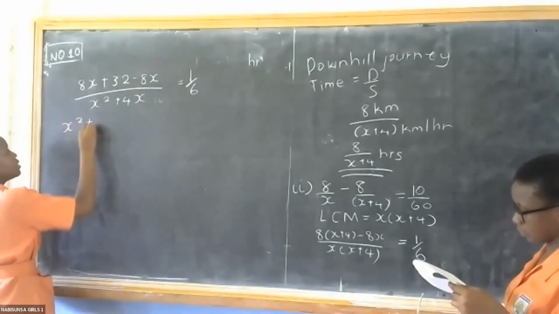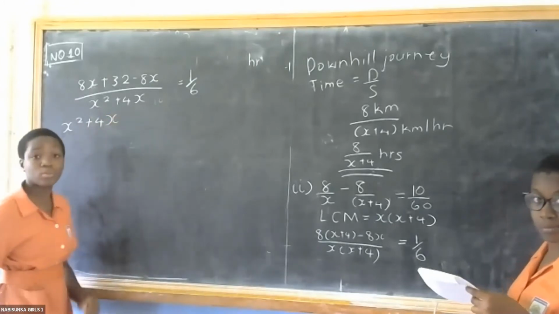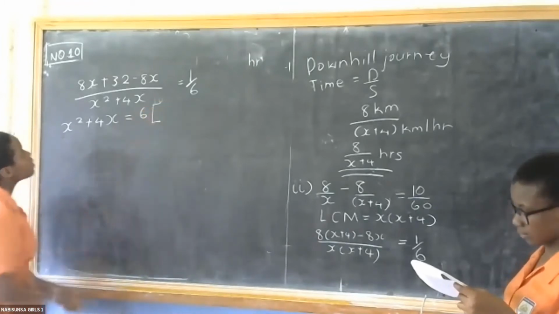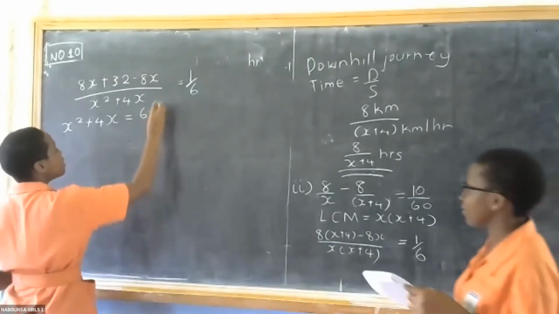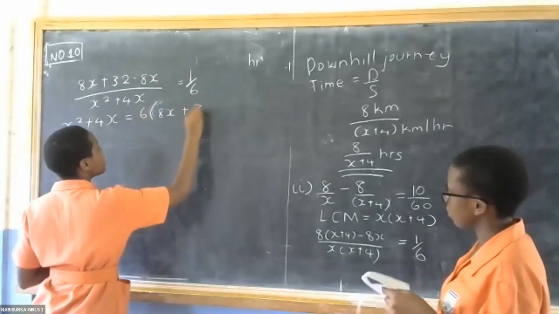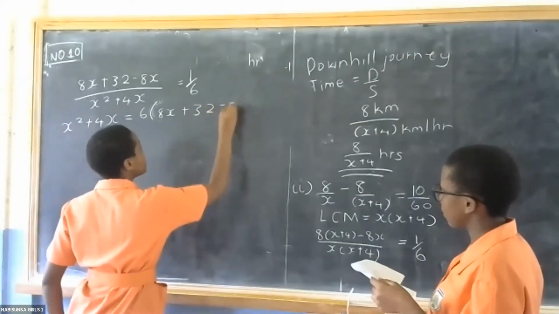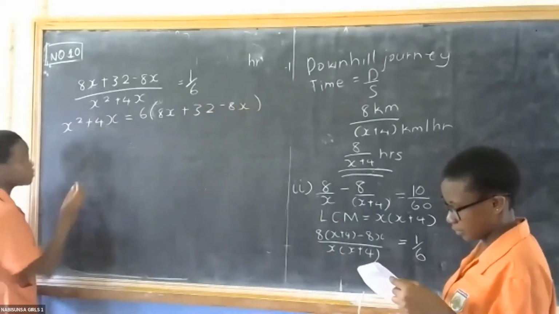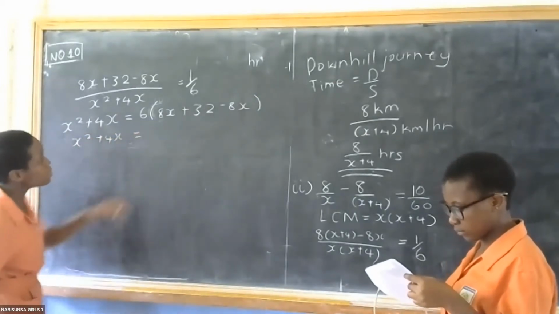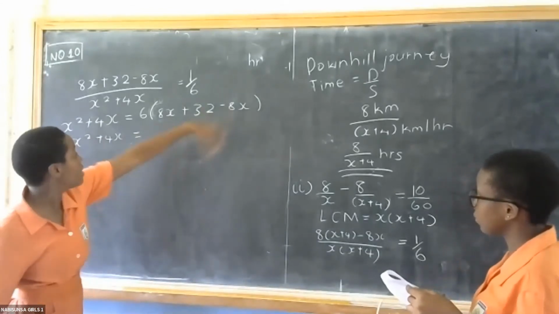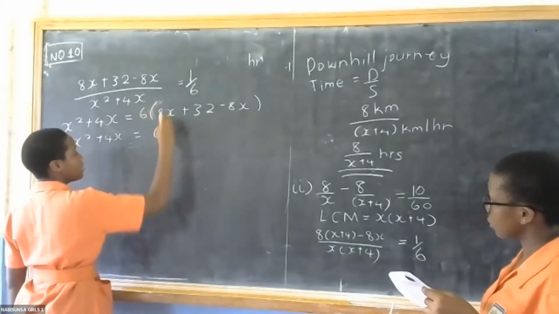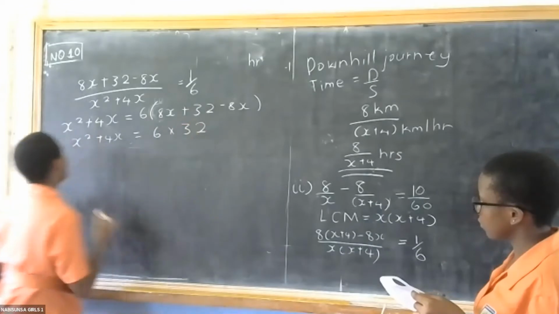So that will be x squared plus 4x equal to 6 into brackets 8x plus 32 minus 8x. Since this 8x is positive and this one is negative, they can cancel out. So it will be 6 times 32.